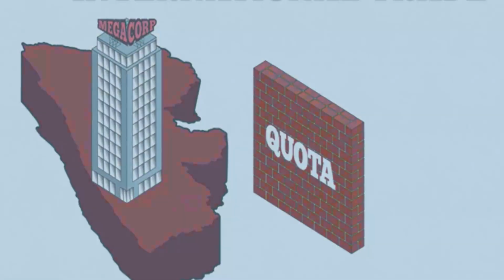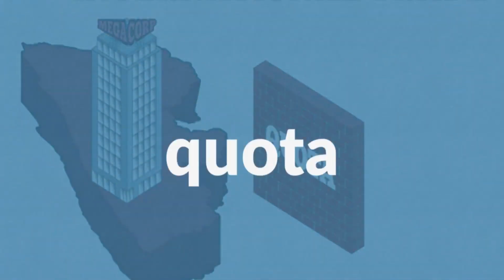The next word is quota. A quota is a limited number, a limited amount of something which is officially allowed into a country. So we can talk about a quota of meat, a quota of electronic goods. And quotas are often used in trade agreements between countries.